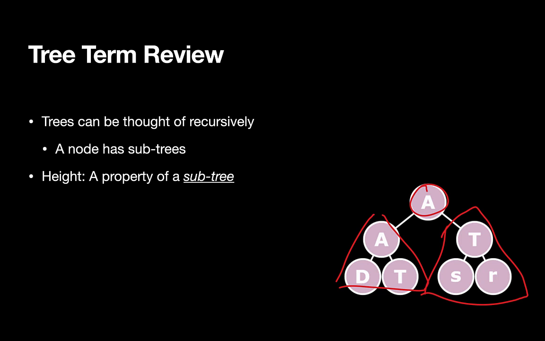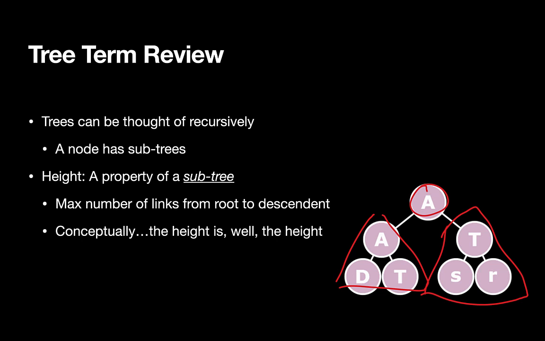Just as a review, the definition we used for height is the maximum number of links from a particular node, the root when we were talking about the whole tree, to its descendant. So conceptually, the height is the height. When we draw out the diagram, the height is proportional to the number of links from top to bottom.